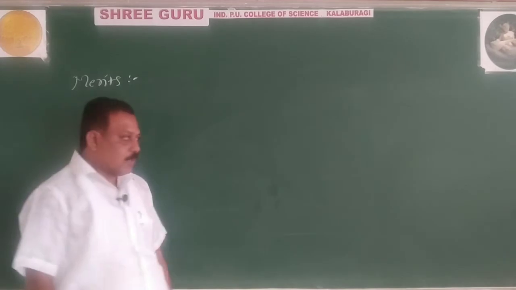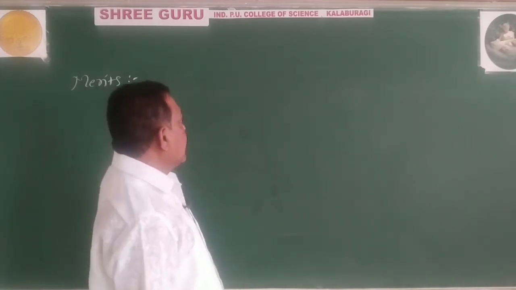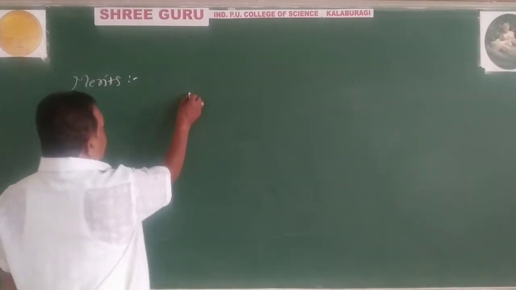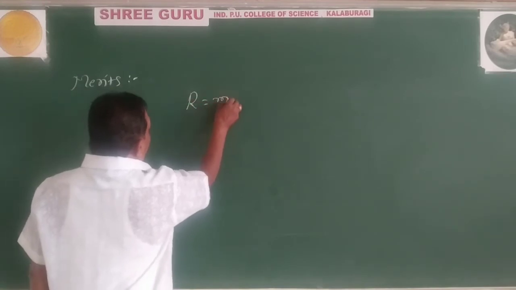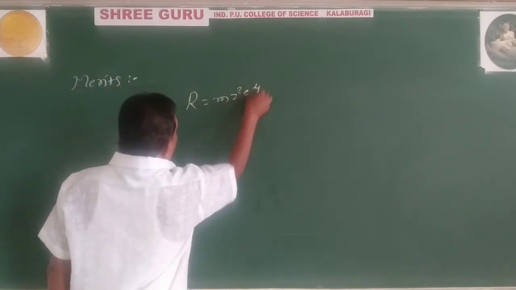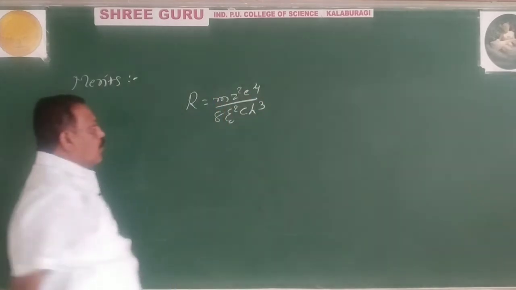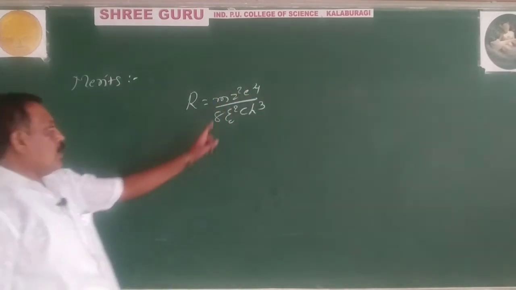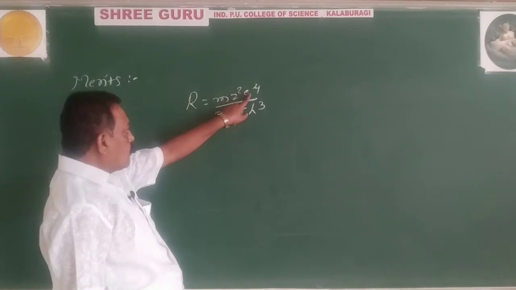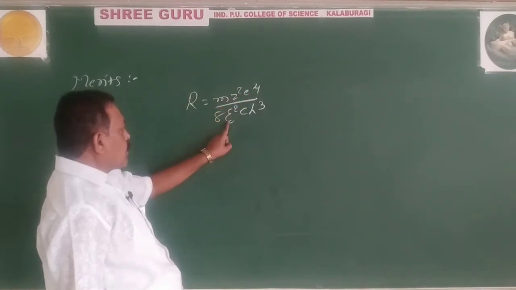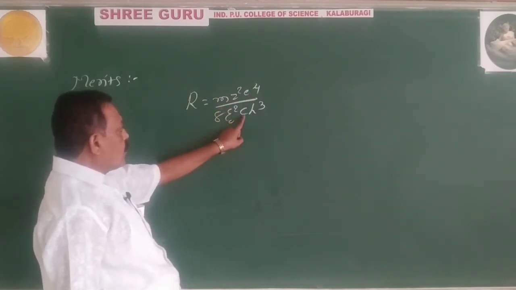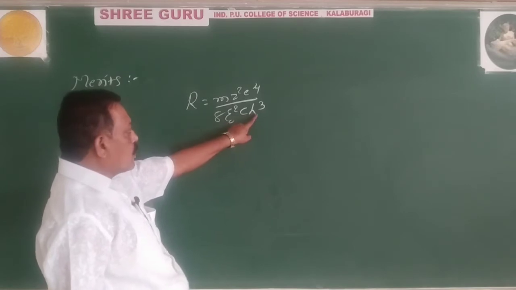Bohr's atom model provided the Rydberg constant R in terms of the mass of the electron, charge of the electron, epsilon naught, velocity of light c, and Planck's constant h.